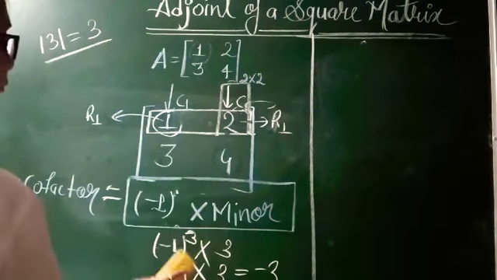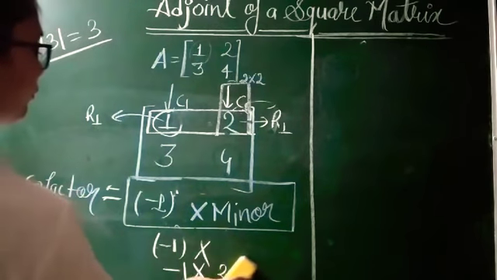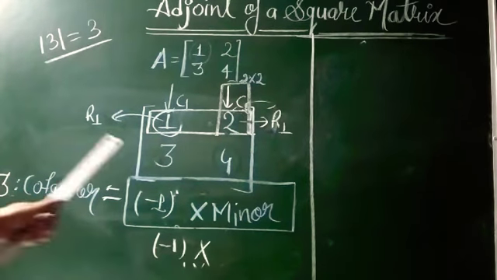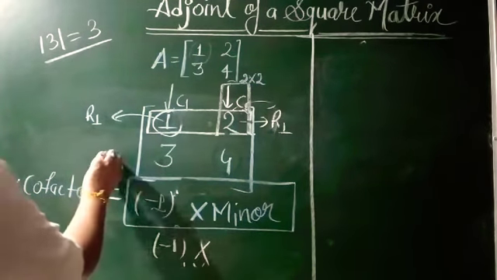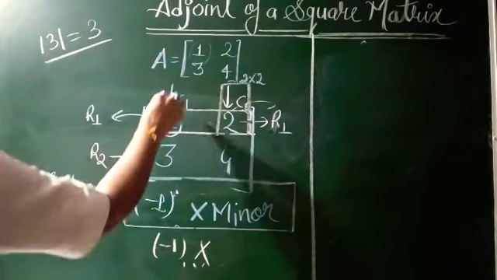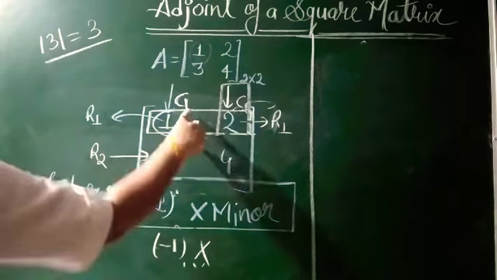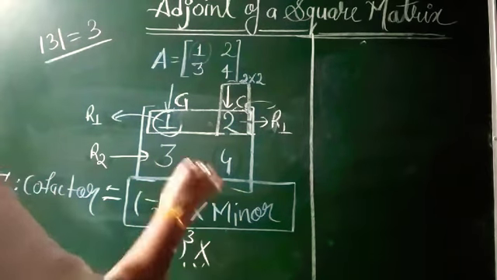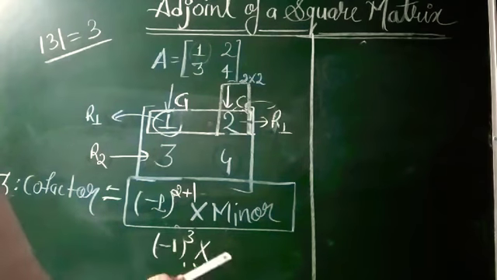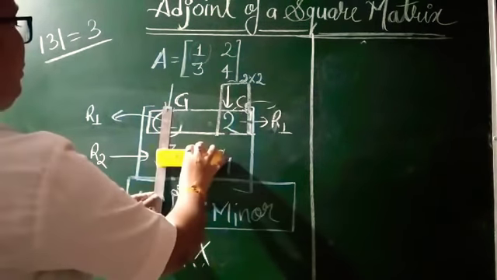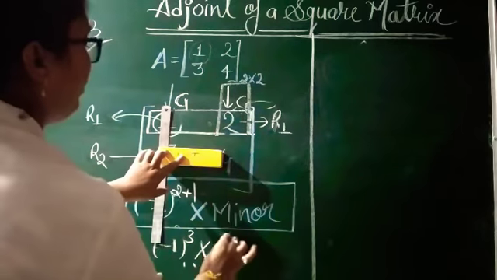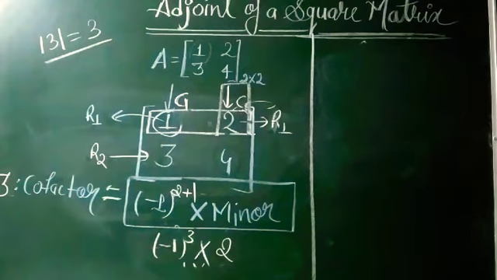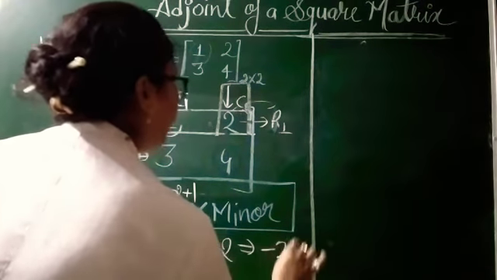You see here, for the cofactor of 3, it is our second row and first column, so we write 2 plus 1 multiplied by the minor. That becomes negative 1 raised to 3. For the minor we exclude the row and column, and only 2 remains. The determinant of 2 is 2, so we get minus 2.